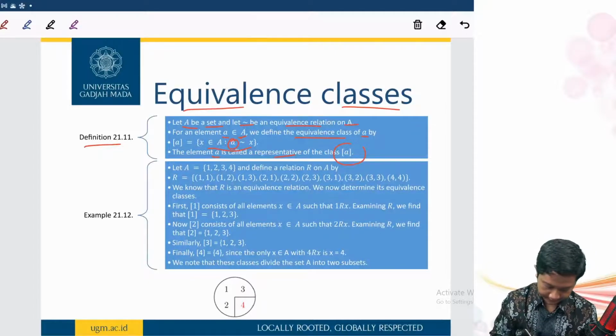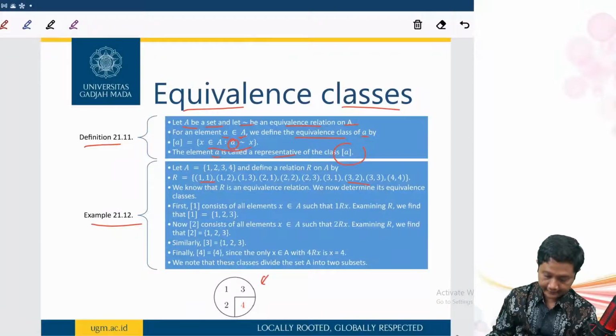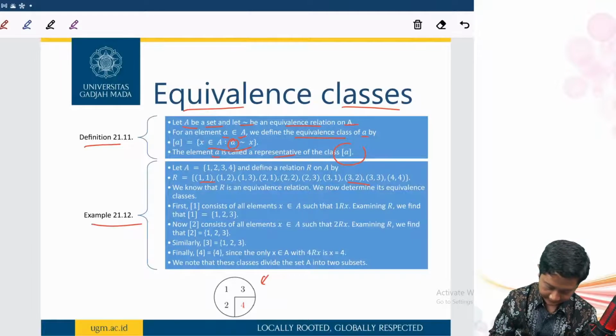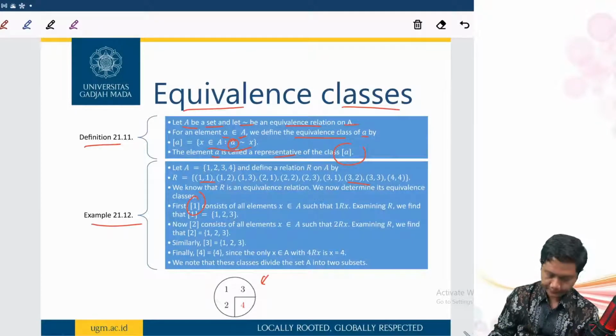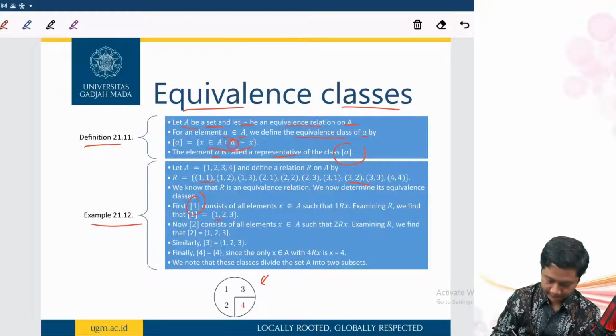For example, we use example 21.12. We define this relation. We can draw it with this diagram, and we see the class of 1 consists of 1, 2, and 3, right? It is equal to this set. Class of 2 is equal to this set.